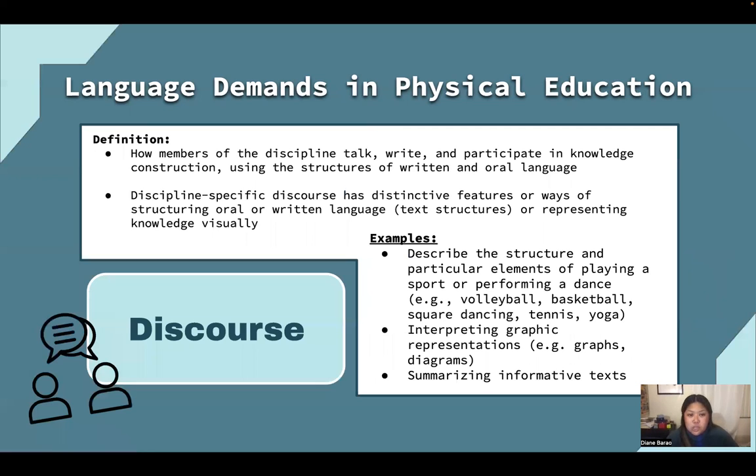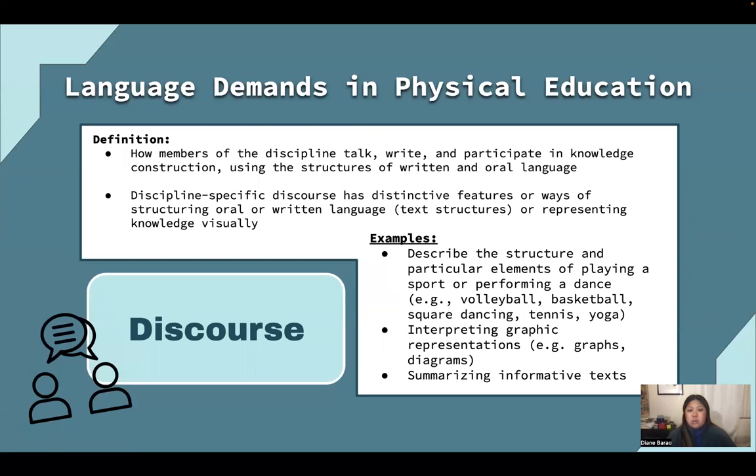Next, we have discourse. So this is how our students in PE will talk, write, participate in knowledge construction using the structures of written and oral language. In PE, there are distinctive features or ways of structuring oral or written language or representing knowledge visually.